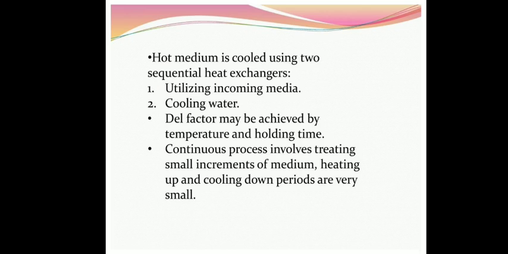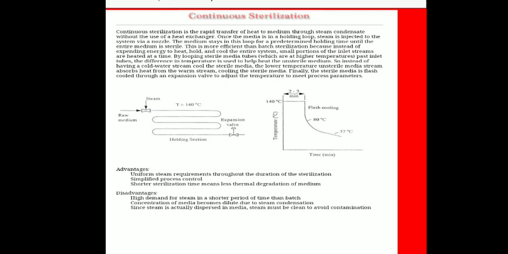Now here we are using the different types of pipelines or tubes. So through upcoming or incoming media, the previously heated medium can be cooled, or by simply setting cooling jackets we can cool this sterilized medium.